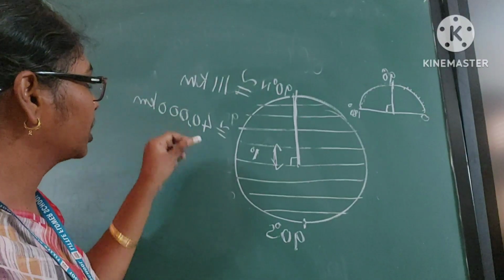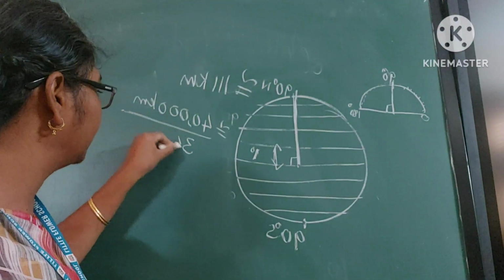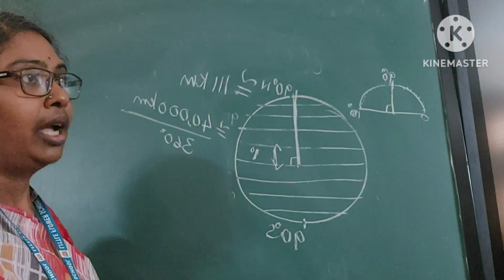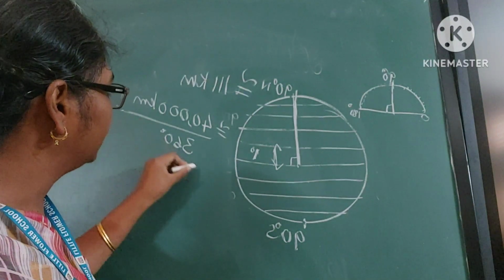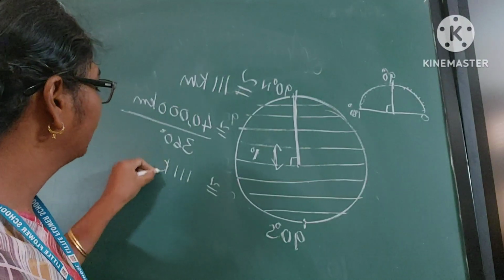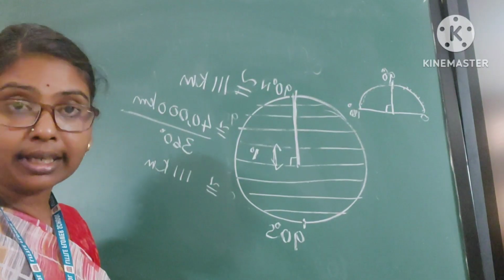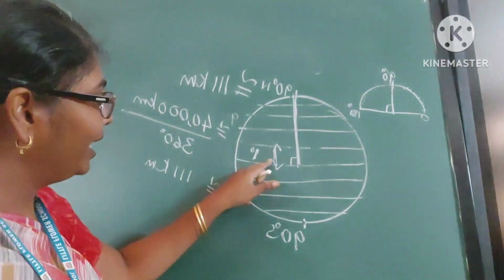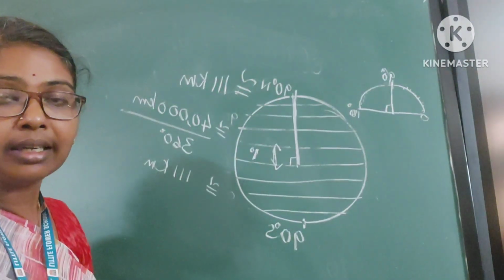So this approximate figure of 40,000 kilometers, when it is divided by 360 degrees, because the total angle which is divided is 360, gives a distance of 111 kilometers. So the distance between each parallel of latitude is 111 kilometers.